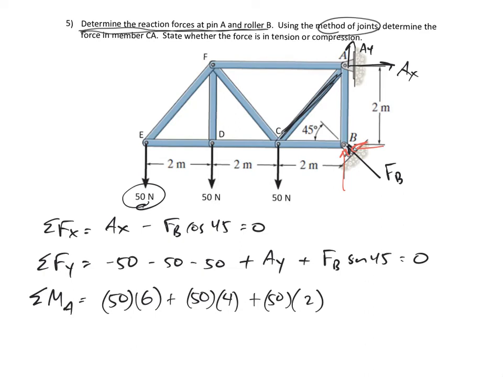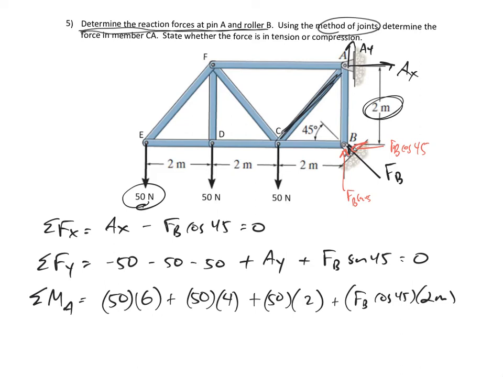And then I've got the FB, I think I'm calling this FB sine 45 and FB cosine 45. Sine 45 goes straight through it, but FB cosine 45 is acting 2 meters away.